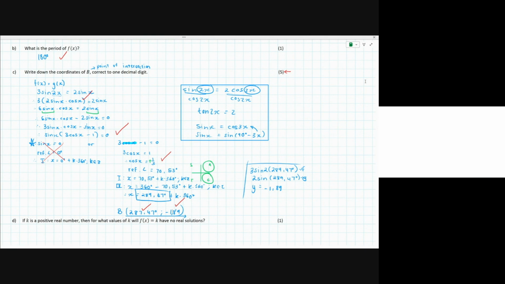I just can't see another way to do it without factorizing. What did you divide both sides by? Okay, so you divided both sides by sine x. Right, so we can't do that, because what we need to bear in mind is that sine x equals 0 is one of our solutions.